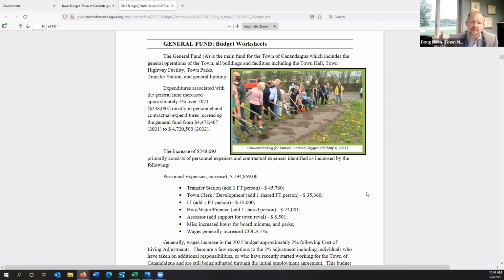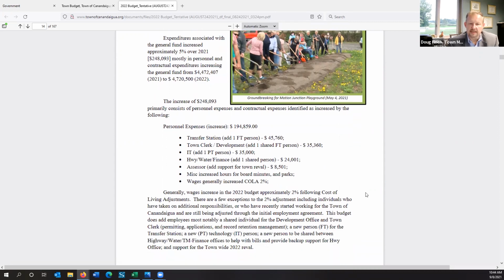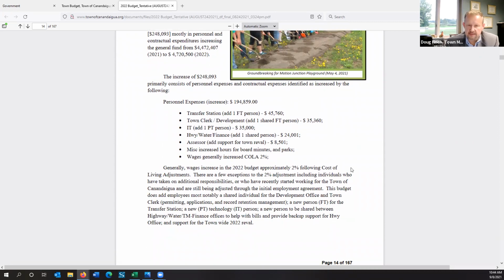And those are detailed here under personnel expenses, which is almost $200,000. The proposal includes adding an additional transfer station employee, a full-time person to help out with all of our residents when they come to the transfer station.